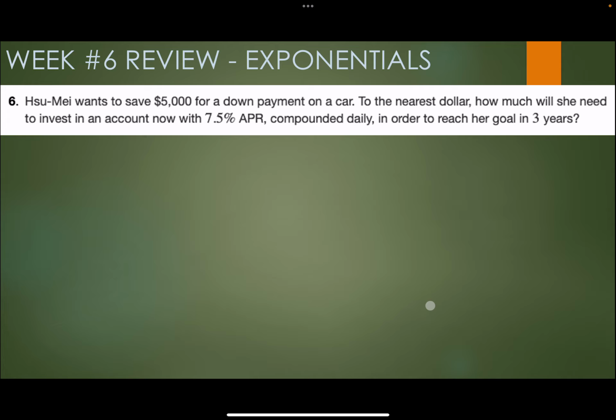Okay, so we're going to use the equation that A equals P times (1 plus r over n) to the nt. This one's an interesting one because she wants to save 5,000. So that's what we want at the end.